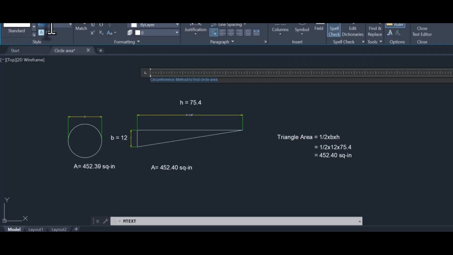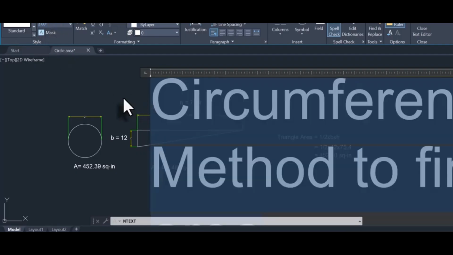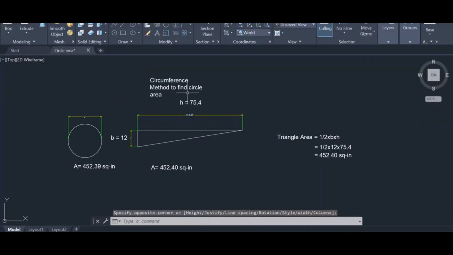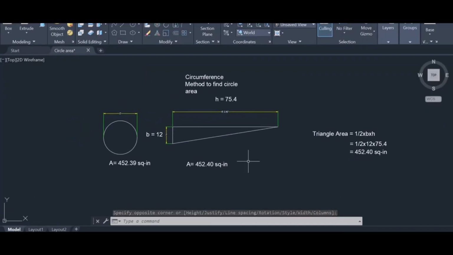Okay. Circumference vector to find the circle here is 452.39. We find the square to get 452.0 square.